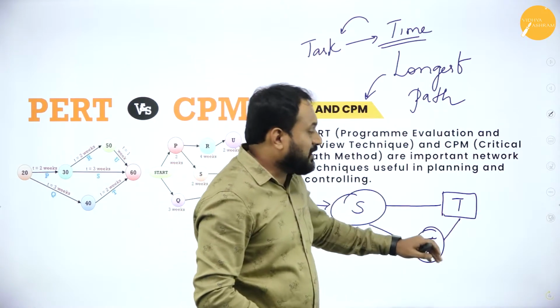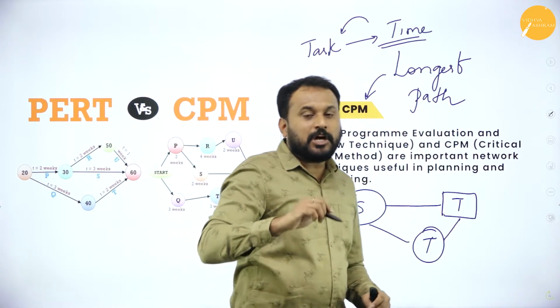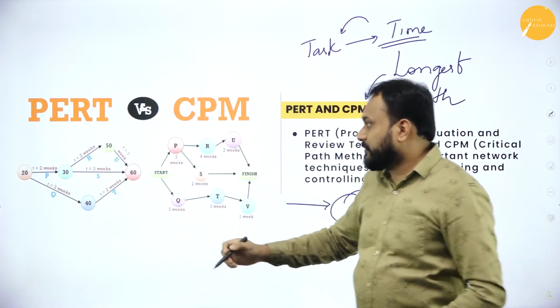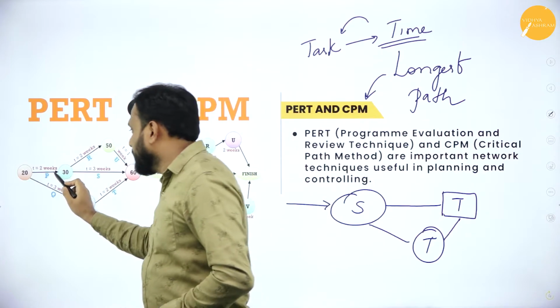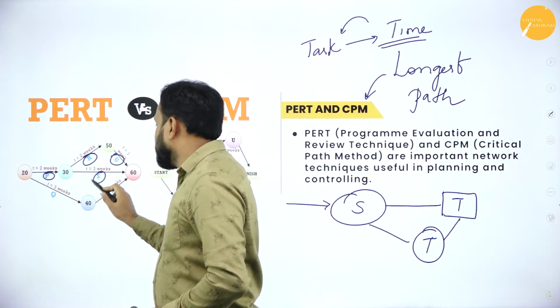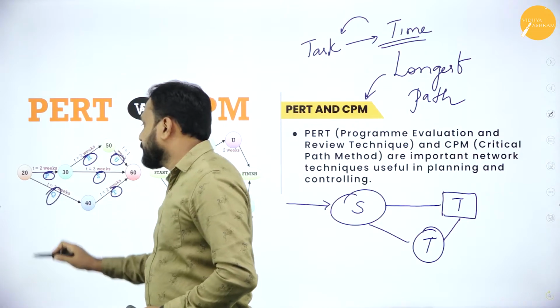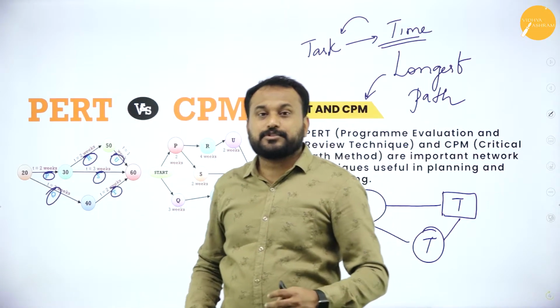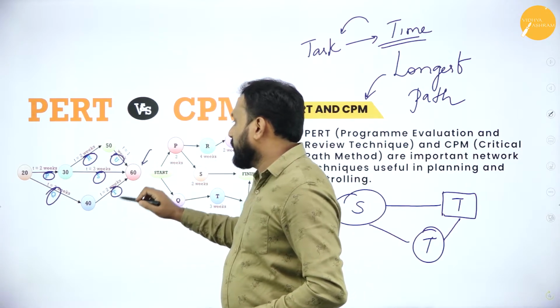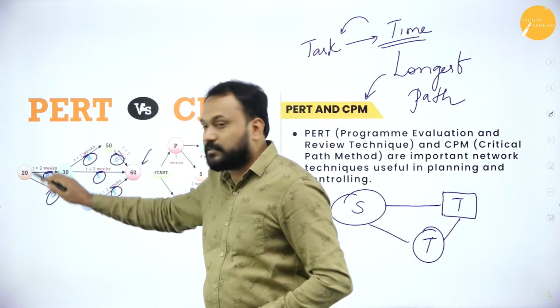So in a business, you will not get only one task, you will get multiple tasks. That is what is represented here. Now you have P, R, U, S, T and Q. These are the things you are supposed to do in so many days, say in 60 days. Now everything is planned.